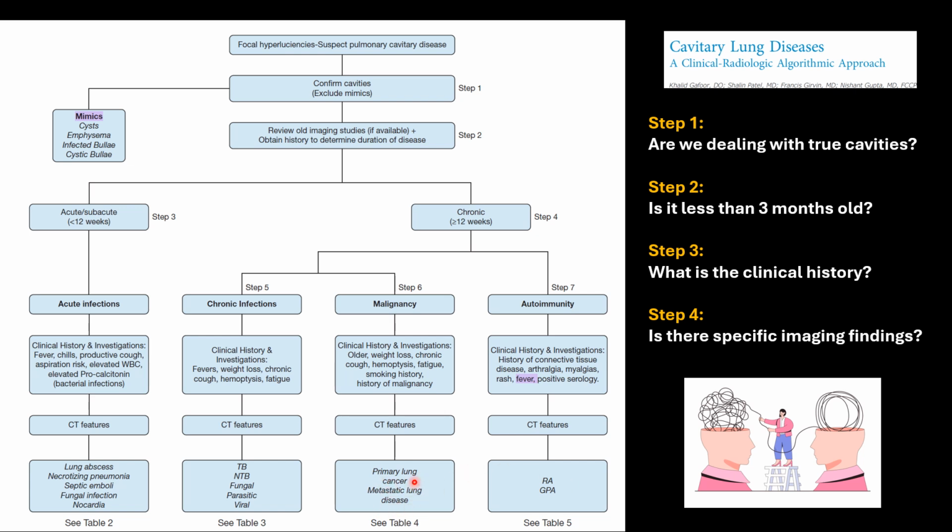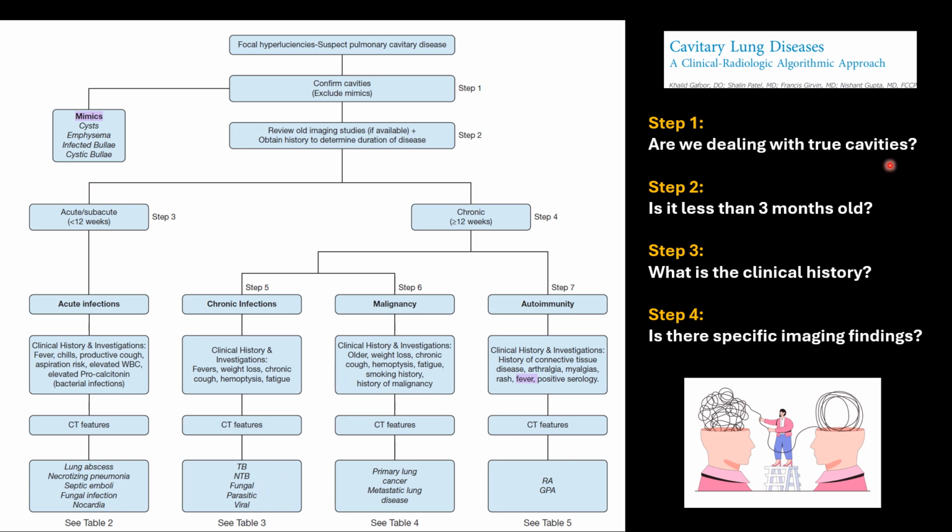Cancers will have thick walls of more than 15 mm, but the 15 mm cutoff is for radiographs, not for CT. In CT, I think it's going to be 8 to 10 mm. Infections: there are going to be severely sick patients in ICU for necrotizing pneumonia and septic emboli. And fungal infection is going to be a 3 month history of duration of an infection.